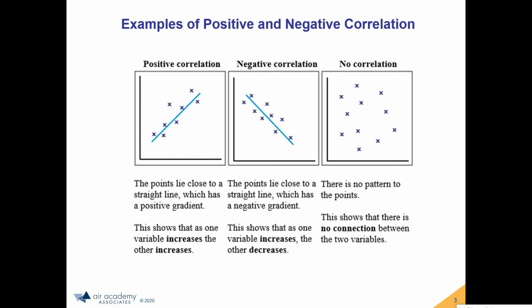That is, as one variable gets bigger, so does the other one. Here is an example of negative correlation. Again, as the variable on the horizontal axis gets bigger, what happens to the variable on the y-axis? It gets smaller. There's a negative correlation. And then if you have just one big glob of points, as I might call it, there's no correlation or no connection between the variables at all.